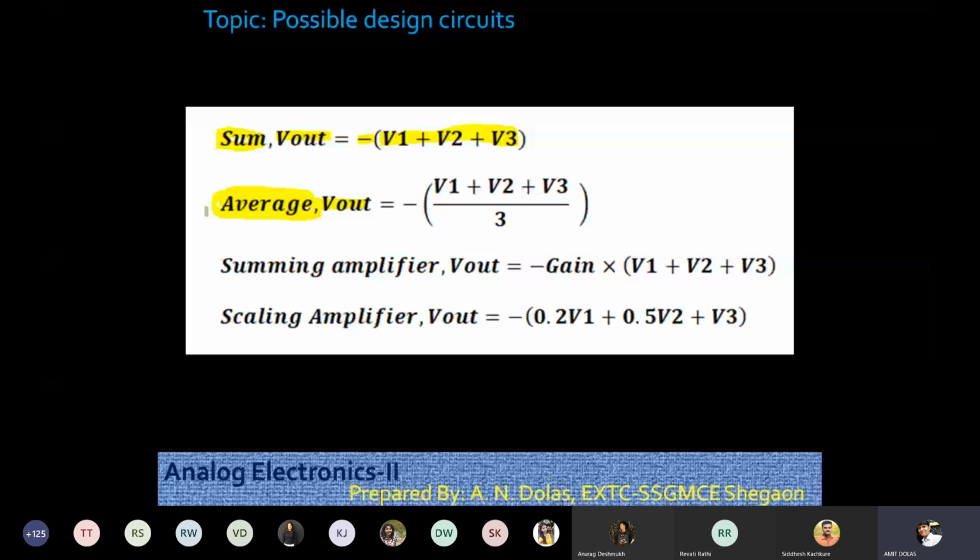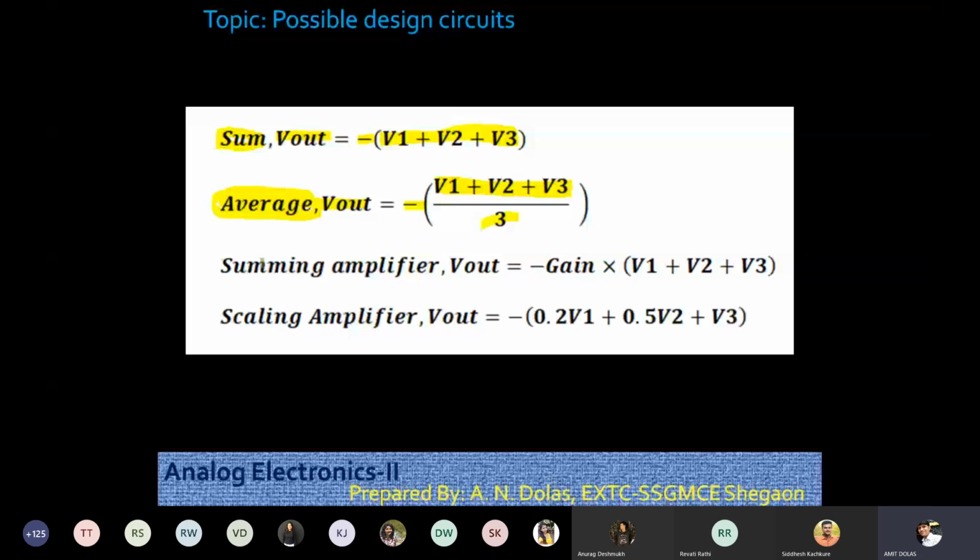In an analog computer, mostly the op-amp is used for doing all the mathematical operations. So average is nothing but, suppose n number of sources are there, multiply by 1 by n. I have used 3 sources, so dividing by 3 will provide the average of 3 signals. And again the minus sign shows inverting mode.